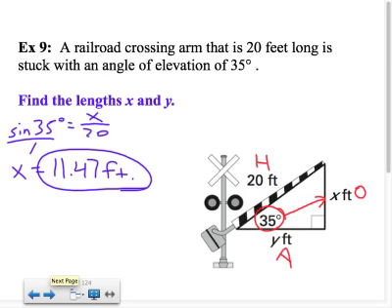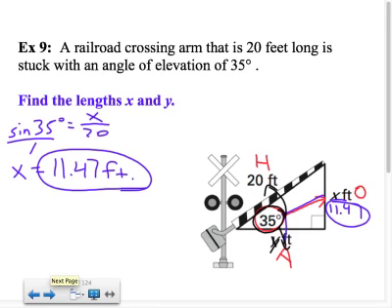Now, what I don't want you to do is I don't want you then to say, okay, so this is 11.47. Now I'm going to use tangent. I have opposite. I want to know the adjacent. Never use an approximation that you came up with in the problem if you can help it. For example, in this problem, you can help it, right? Because if you want to know what y is, relative to 35, y is the adjacent. You know that the hypotenuse is exactly 20.